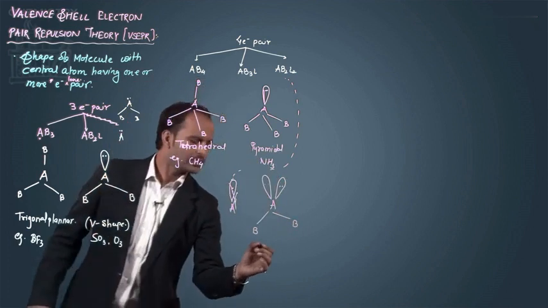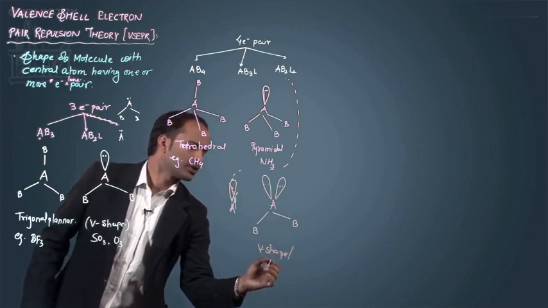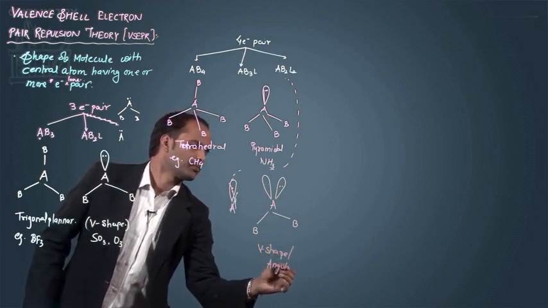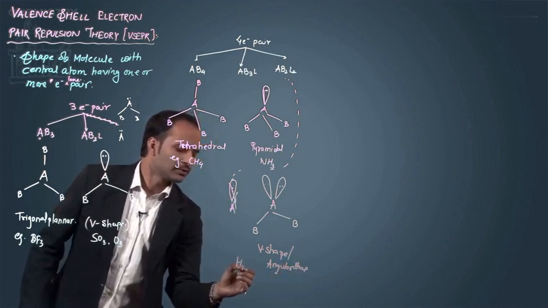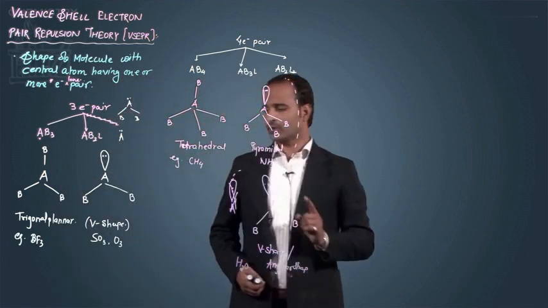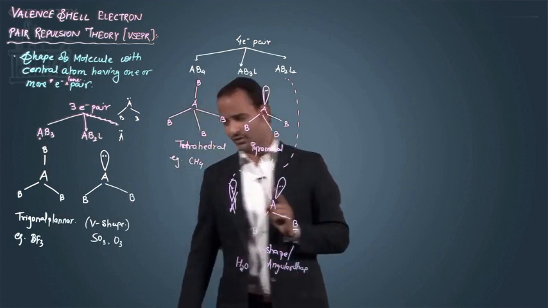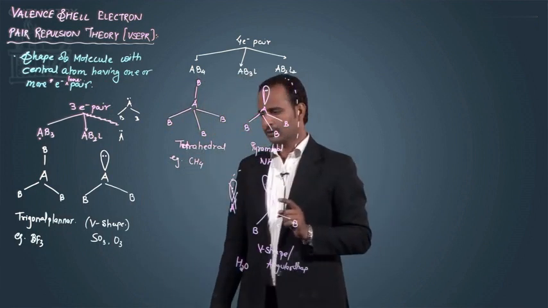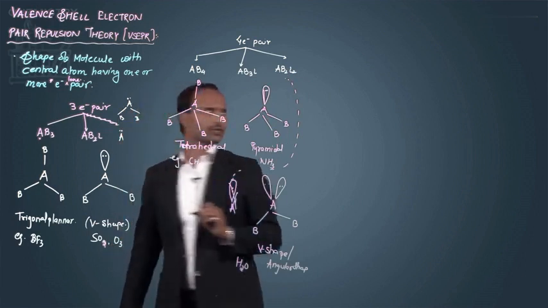So I can say that it is again a V shape or bend shape, also known as angular shape. Here the example is the H2O molecule. In the case of H2O, the central atom oxygen has two lone pairs of electrons, but in the case of the SO2 molecule, the central atom S has only one lone pair. So this is SO2, sorry, not SO3.